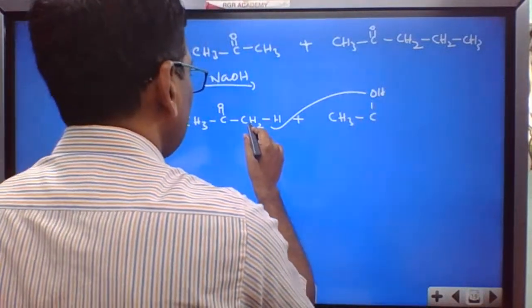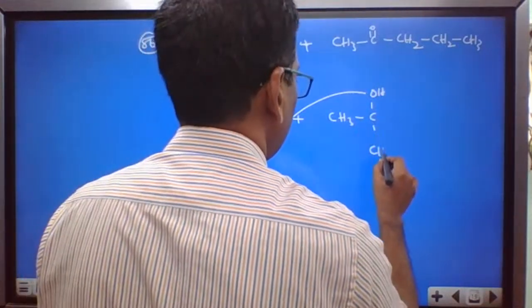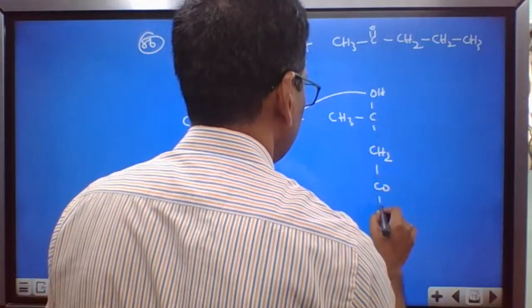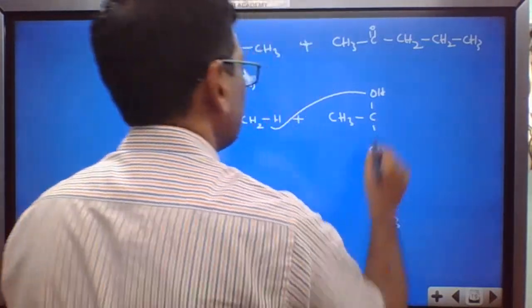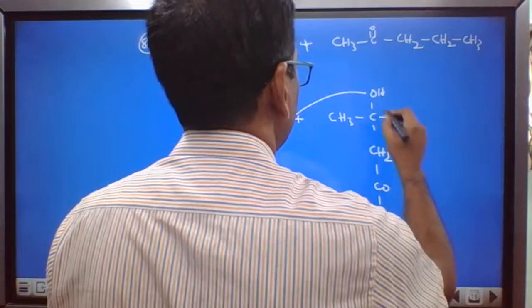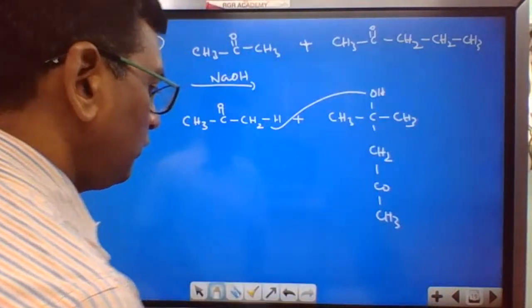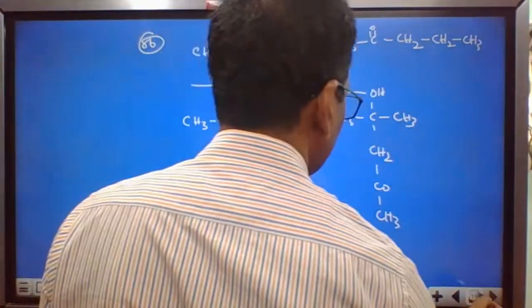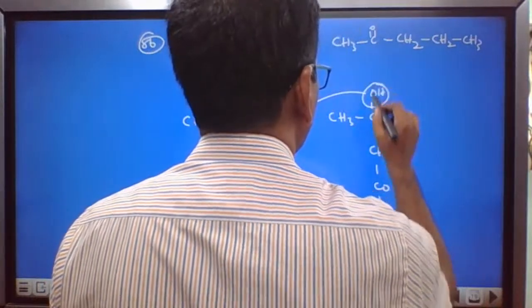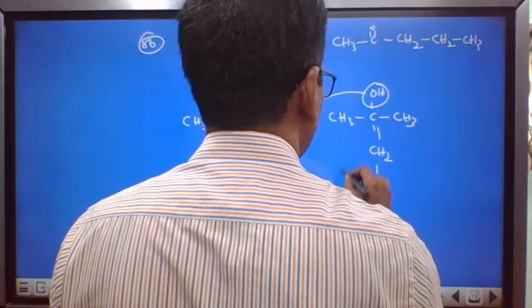This is attached to this CH2, CO, CH3, and there is a CH3. Once OH is removed and hydrogen is removed, you'll get a double bond here.